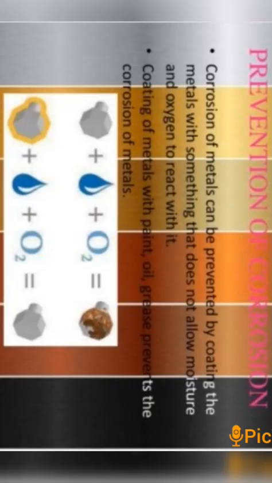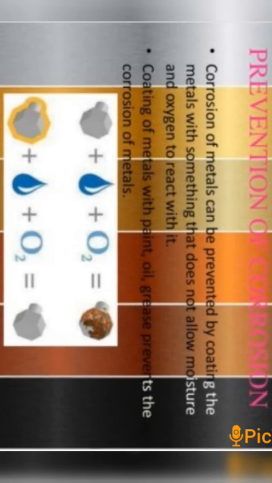Let's study some of the methods by which we can prevent the corrosion of metals. Corrosion can be prevented if the direct contact of metal with the air and moisture can be blocked. So, the first method is oiling and greasing.